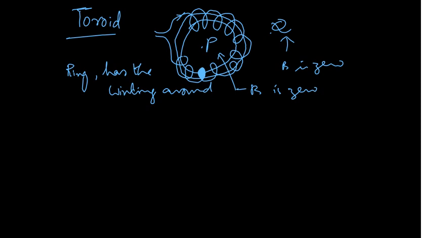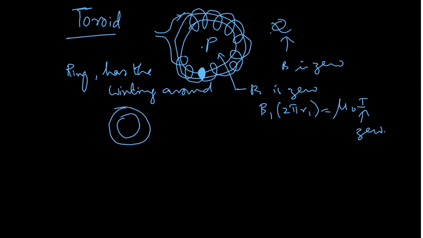Here he obtained B is 0, and he gives a reason why. He says B1 into 2 pi R1 equal to mu naught into the current enclosed I. This I is equal to 0. No current is enclosed. So what he is trying to do: you have a circular ring. He assumes 1 ampere loop here, another ampere loop inside, and a third ampere loop here.